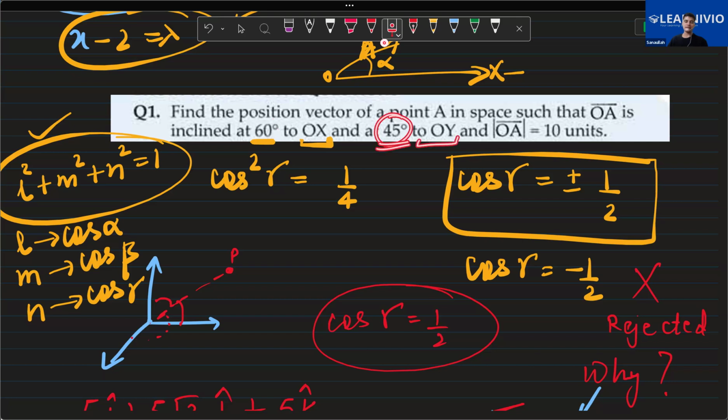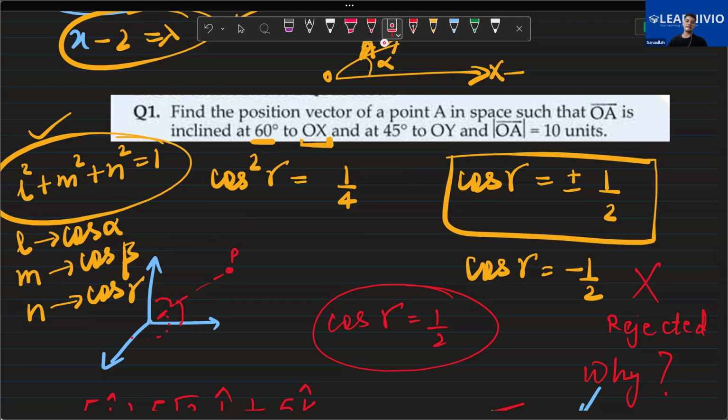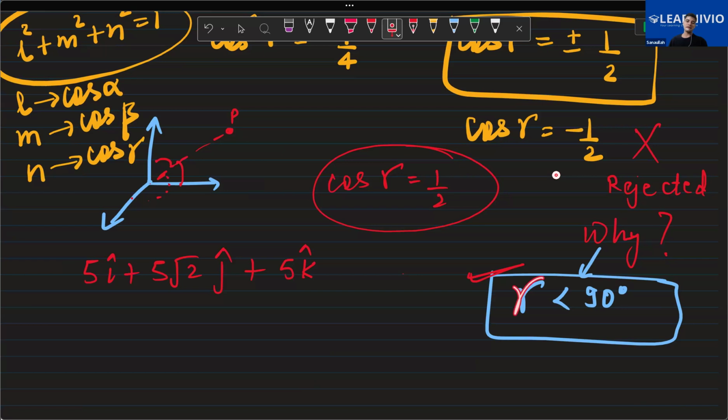That is inclined with OY, the y axis. So your cos beta is cos of 45 degrees. और ये यूज करके आप cos गामा निकाल सकते हो. ये आपको गिवन है, ये गिवन है. इस कंडीशन में आप पुट करोगे, यहाँ से आपको cos गामा आ जाएगा. cos गामा आपका ये आएगा 1/2. Now here I explained why you have rejected -1/2, because in this plane your gamma is going to be an acute angle.